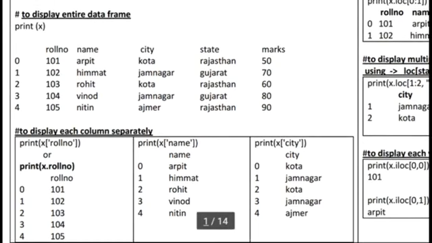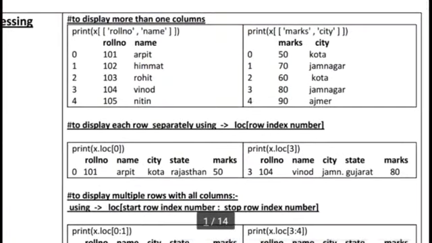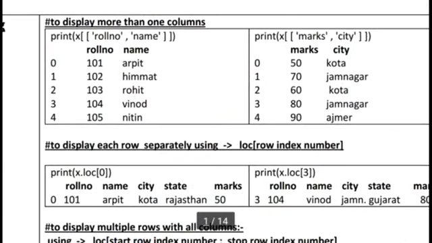But here I want to display more than one column in a single statement. How can I do that? Here I am using print x. Here we need more than one square bracket. The first square bracket opens and closes, and inside we use another square bracket opening and closing. In this we can use more than one column name.